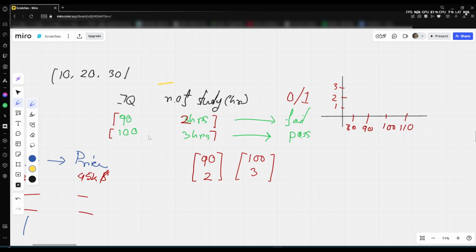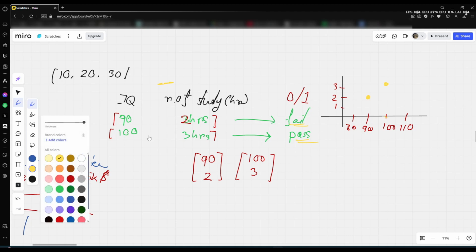So if I plot these points here, 90 and 2 here, this is for the student who failed. And for the second student who passed, this is 100, and there we have 3. Let me change the color, I need to differentiate them.